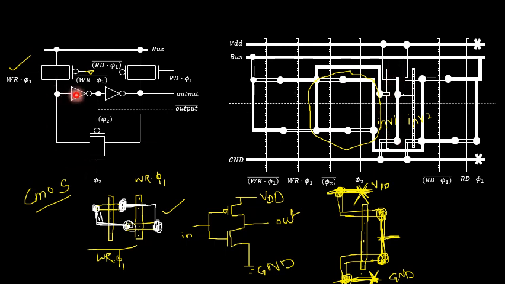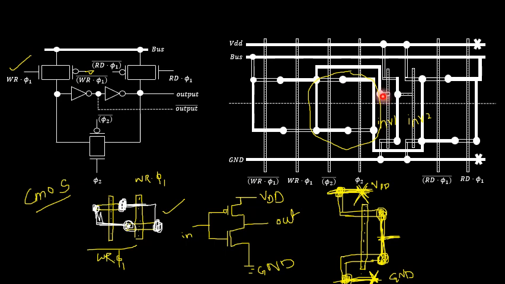So inverter 1 input should be applied to the other end of the write phi1 complement diffusion layer where you don't have the bus connection. So this is your write phi1 complement and write phi1. One end is connected to bus, the remaining end is this one. So from there connect it to the inverter 1 input. So polysilicon will be the input.